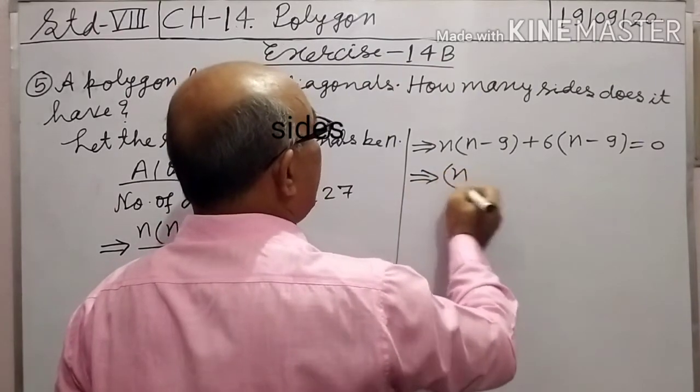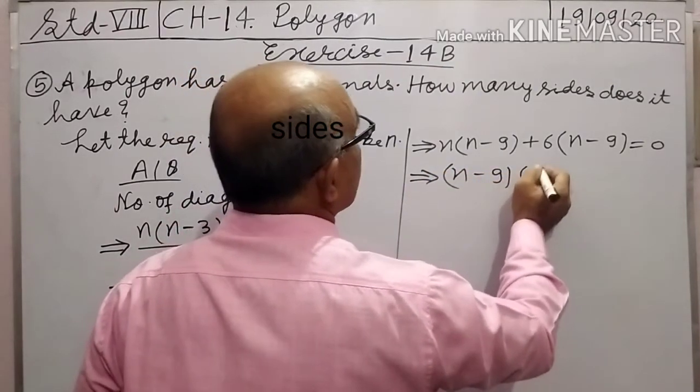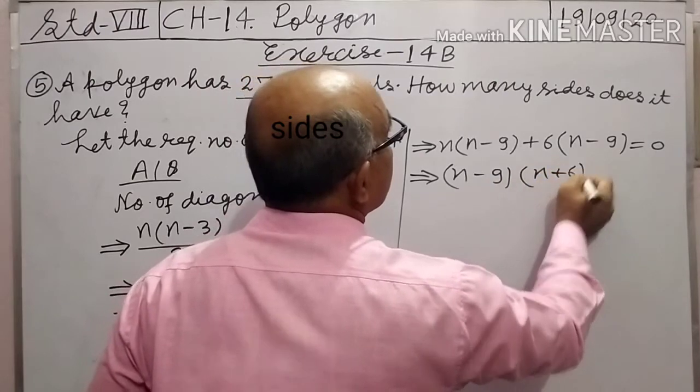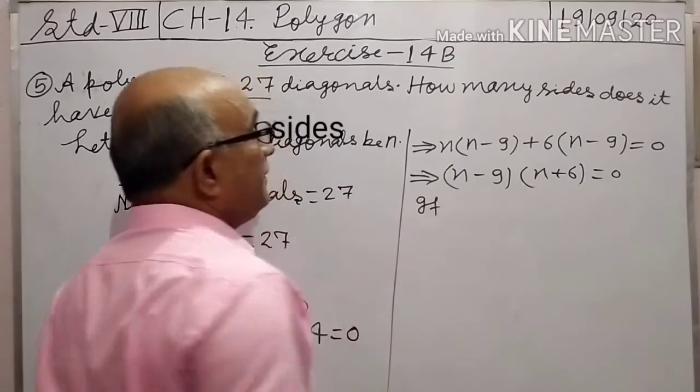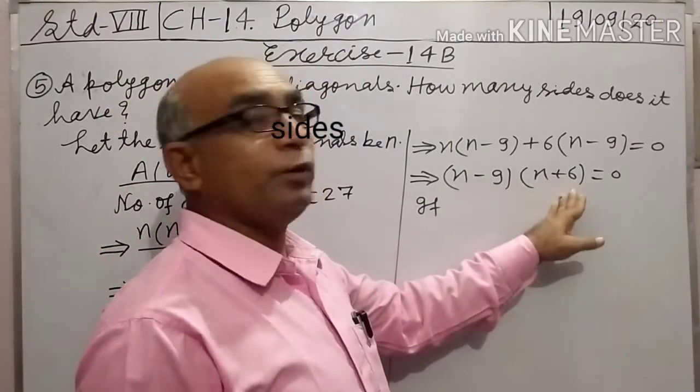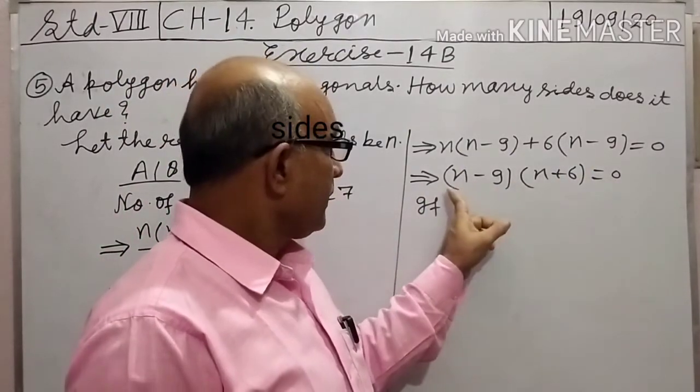Now the common factor is n minus 9, so what is left is n plus 6. So n minus 9 into n plus 6 equals 0.